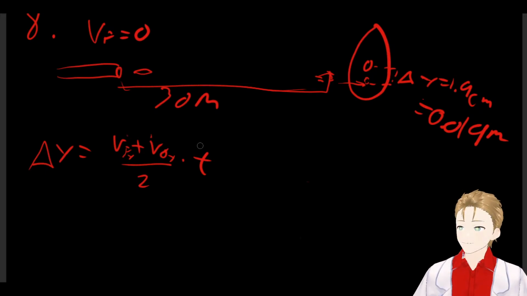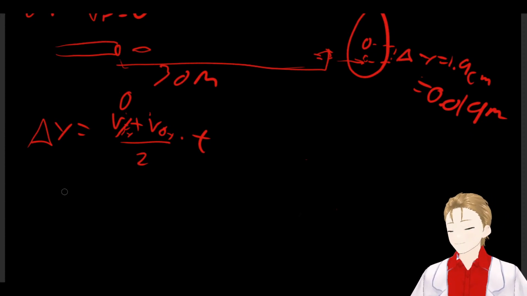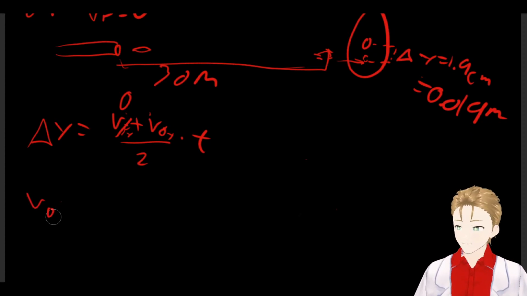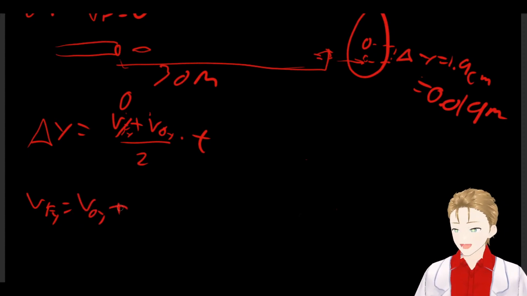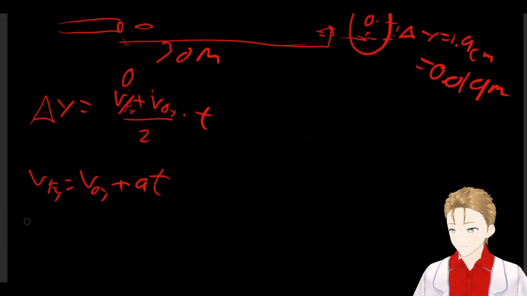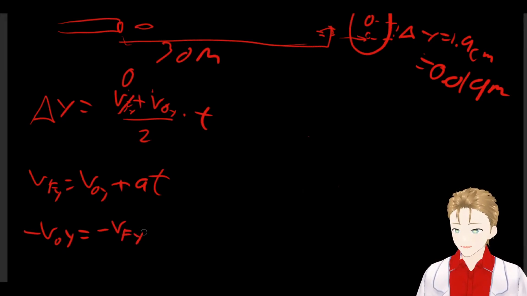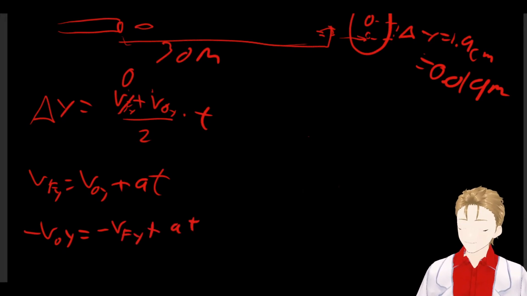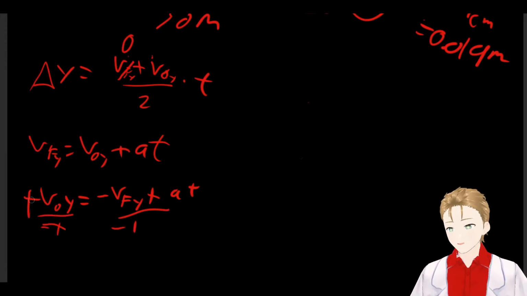But we know this is 0, and we want the V0. So V final equals V0Y plus at. Now this we can just substitute. We can do negative V0Y is equal to negative VFY plus at. Now divided by minus 1, we get rid of this whole thing.